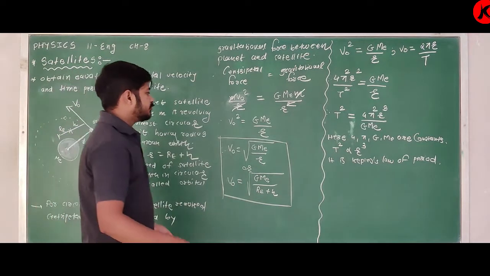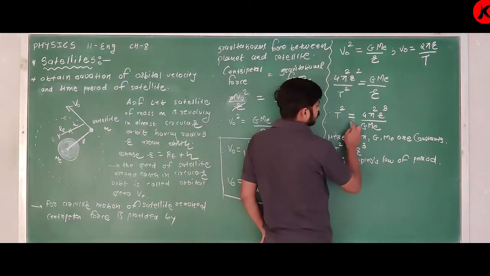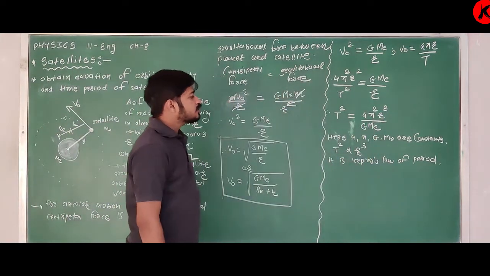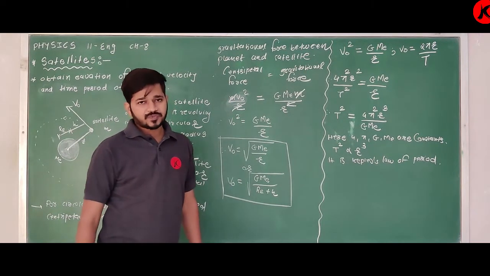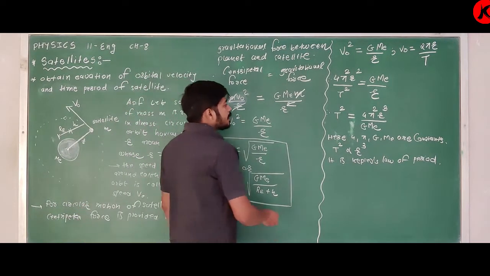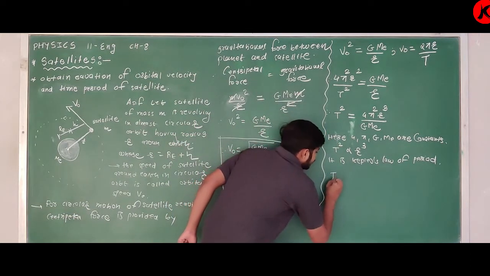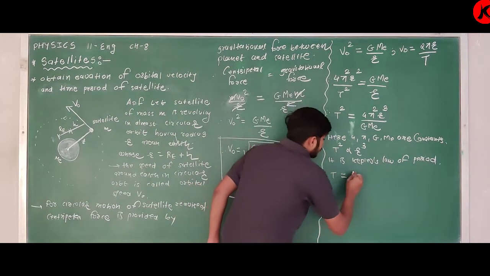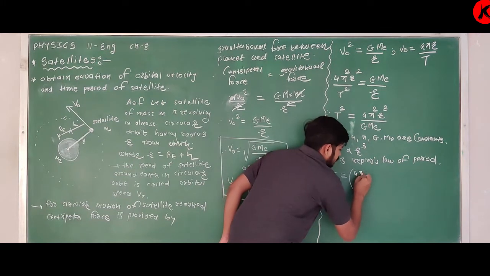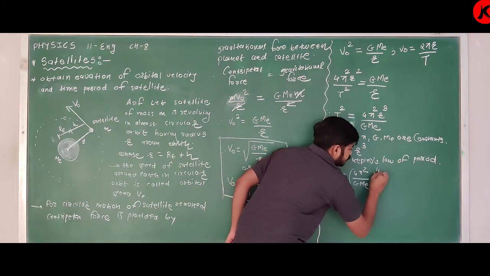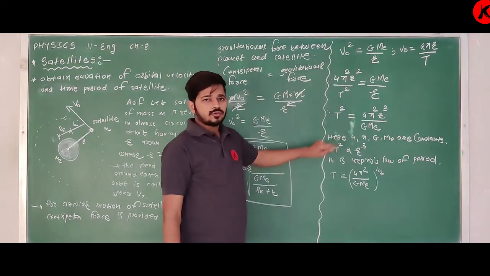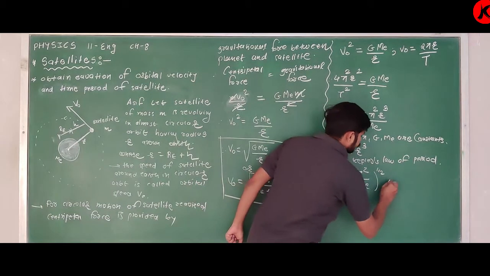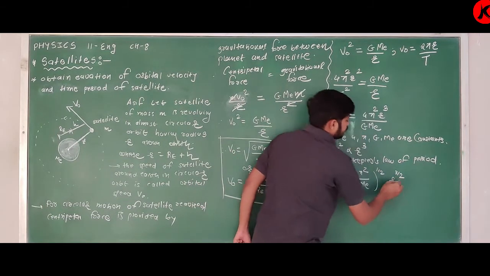Now see, T square is equal to 4 pi square r cube upon G Me. If I want to find T only, then T is equal to 4 pi square upon G Me raised to 1 by 2, because to remove the square you take the square root, and here it is r raised to 3 by 2.